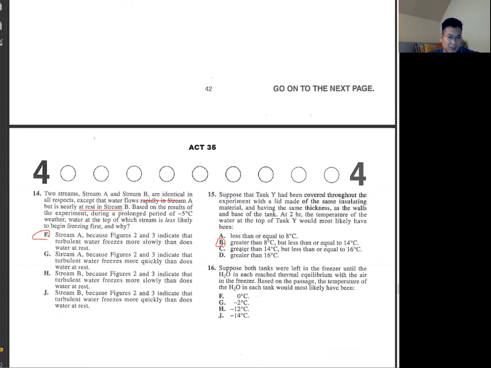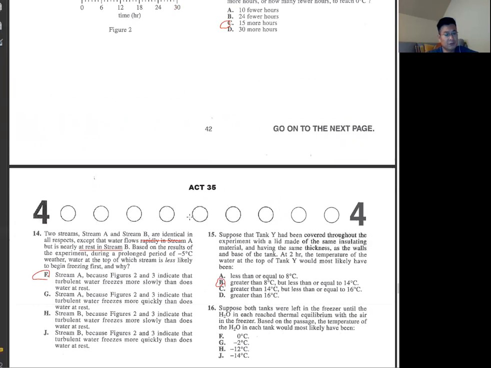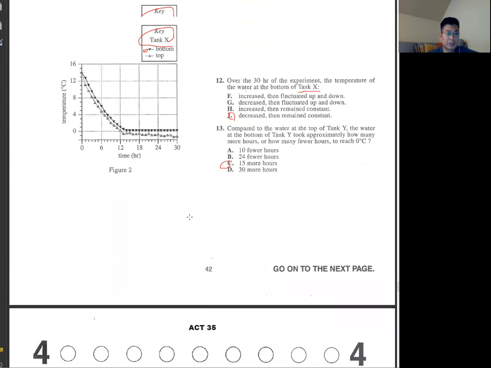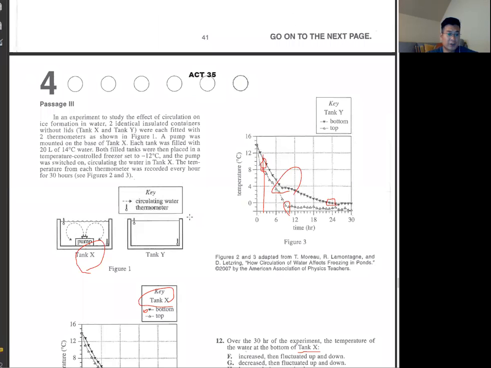And then number 16, suppose that both tanks were left in the freezer until the CO2 and H2O tanks each reach thermal equilibrium with the air in the freezer. Based on the passage, the temperature of the H2O tank would most likely have been... So then you have to find the situation from the passage, because we don't know the temperature of the freezer.